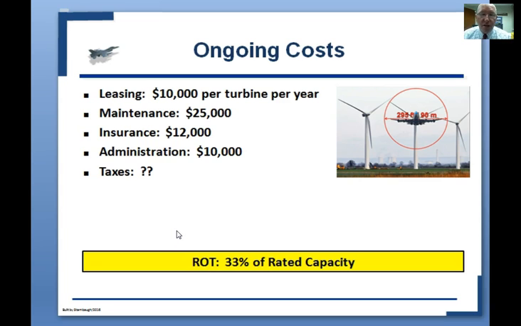That's different with wind. This 33% is a rule of thumb about how much energy a given wind turbine will generate, and that's affected by the quality of the wind. A place where the wind blows stronger, that rated capacity is going to be higher. Where it blows less, it's going to be lower. In a place like Texas that has really good wind, this 33% is a pretty good number.